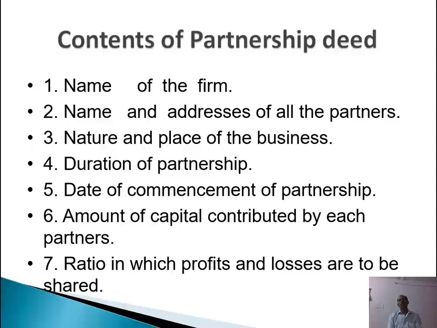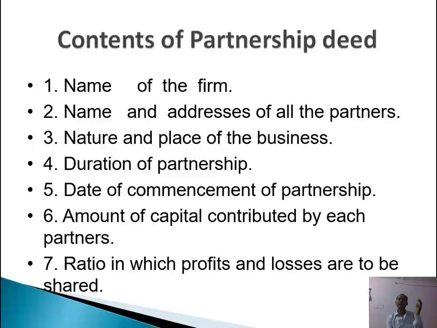One partner may bring 20,000, another partner may bring 1 lakh, or another partner may not bring even a single paisa, but may become a partner, because if he has the technical knowledge or the experience, sometimes we permit him into a firm without investing any amount. All those things should be mentioned in the partnership deed.